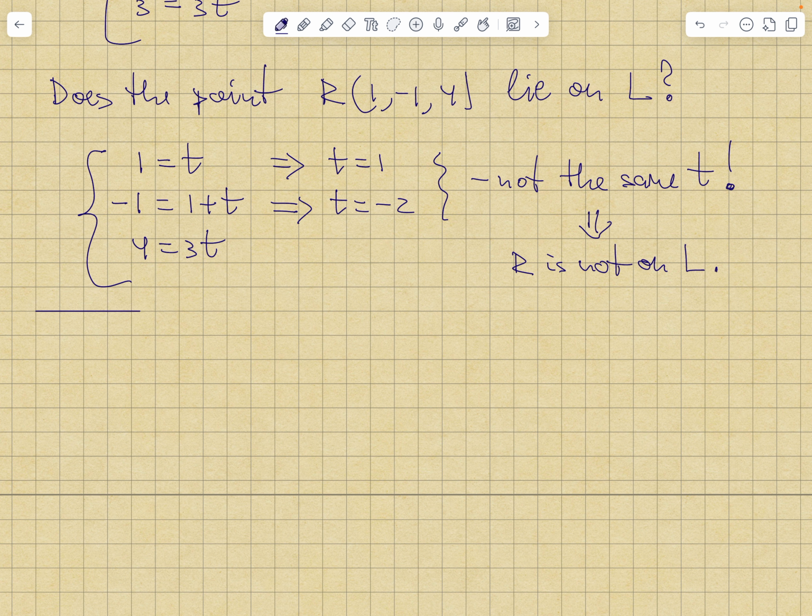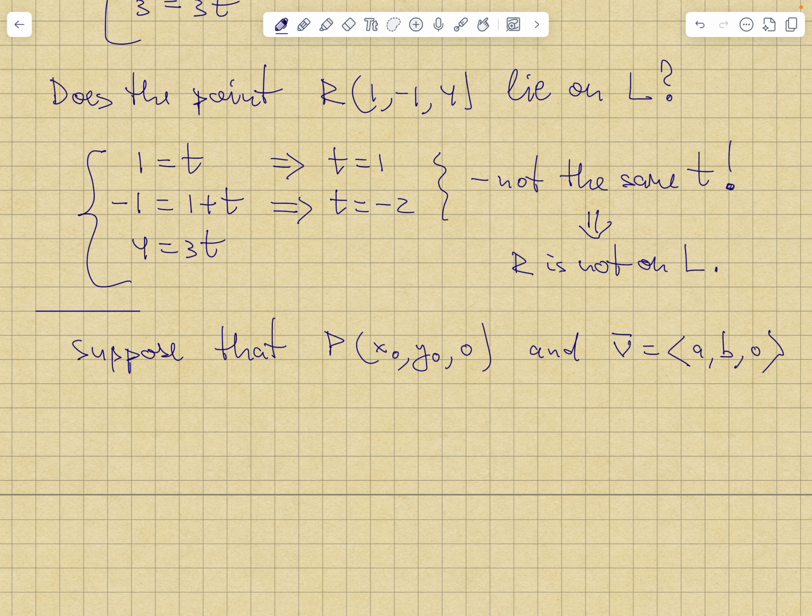Now let's suppose that P has components x0, y0, 0, and vector v is a, b, 0.